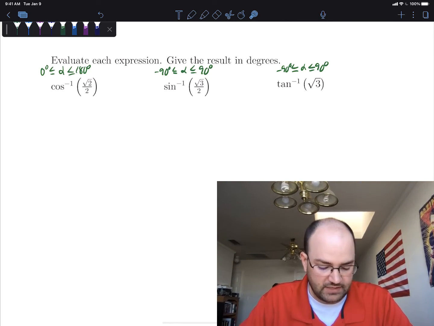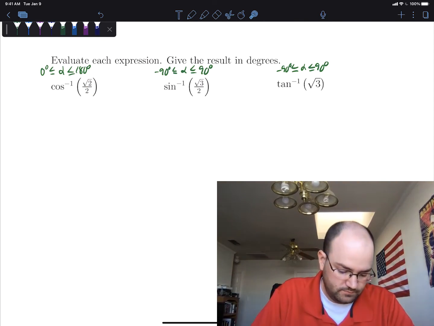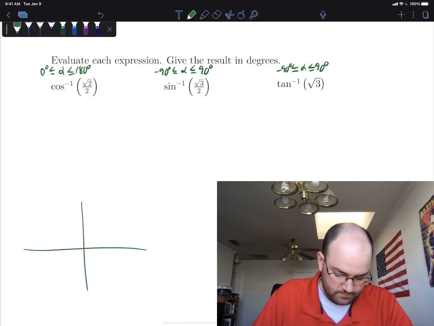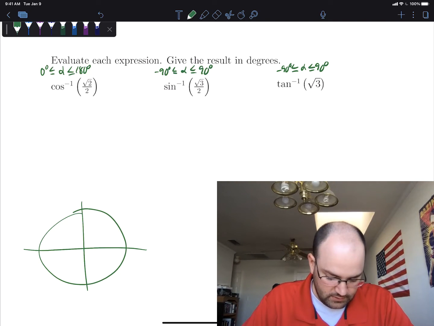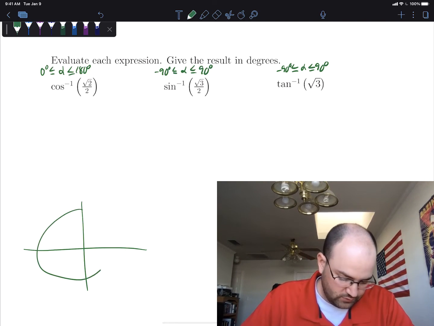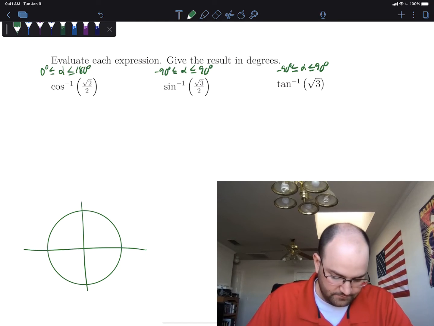The inverse cosine of root 2 over 2. Ask yourself on the unit circle, I'm going to draw a unit circle down here. There we go. Awesome unit circle. Fine, I'll draw an actual decent one here. Yeah, good enough.